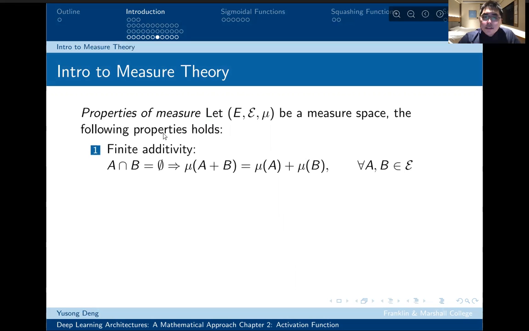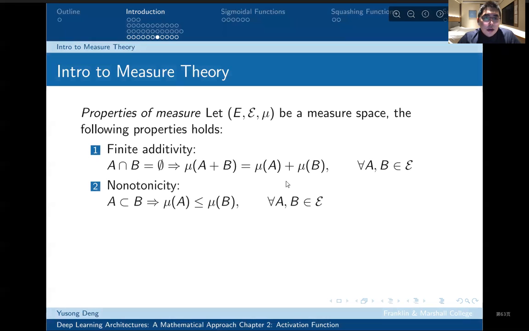First of all, finite additivity: if A intersect B equals the empty set, which means they are disjoint, then the measure of A plus B equals measure A plus measure B. You can expand that to countably infinite additivity too. And monotonicity: if A is a subset of B, that indicates the measure of A is smaller or equal to the measure of B for all A, B in the sigma algebra.